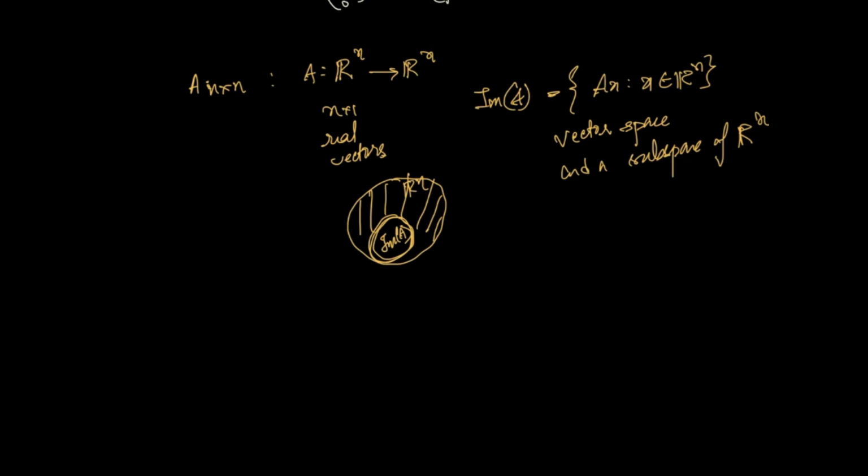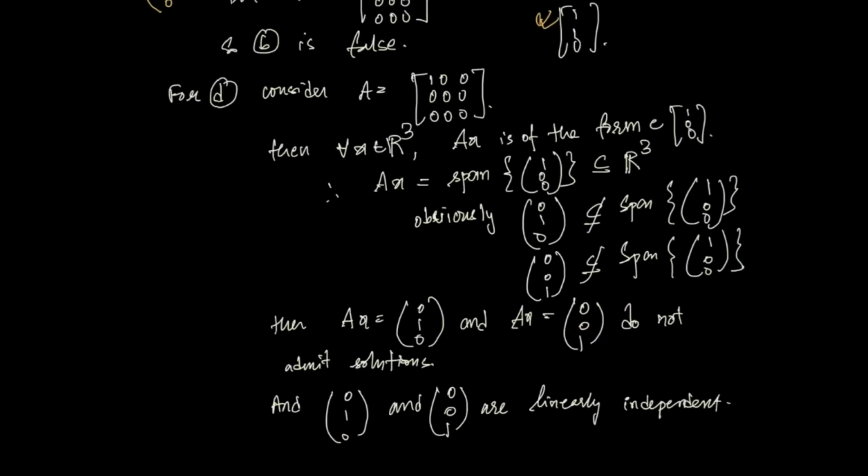So take a subspace of the remaining part, and then take its basis. The basis vectors are always linearly independent, but neither of those two will have solutions. So you don't always have B and C to be linearly dependent. That is what I will show in this counterexample.